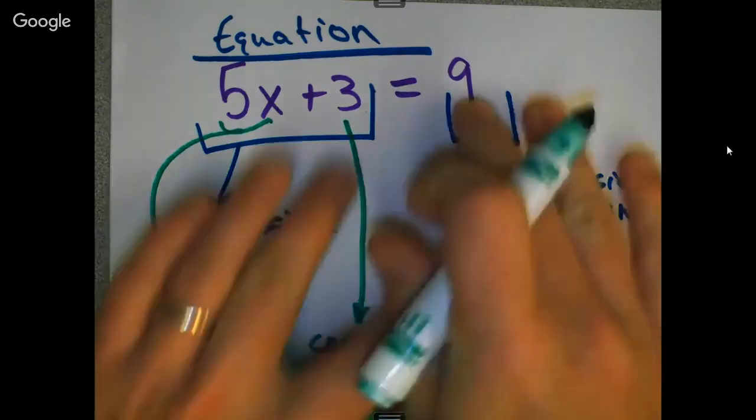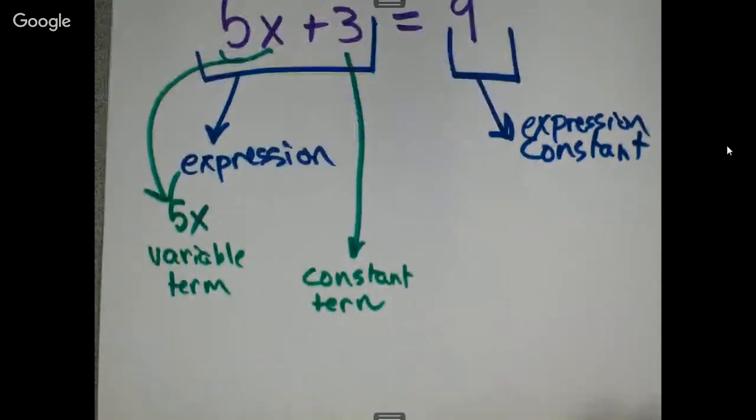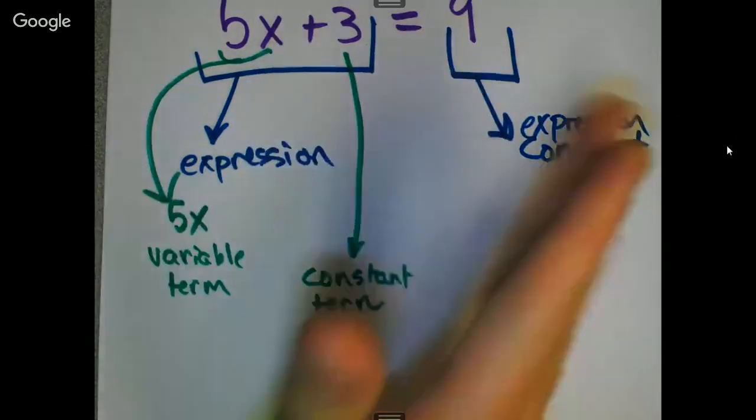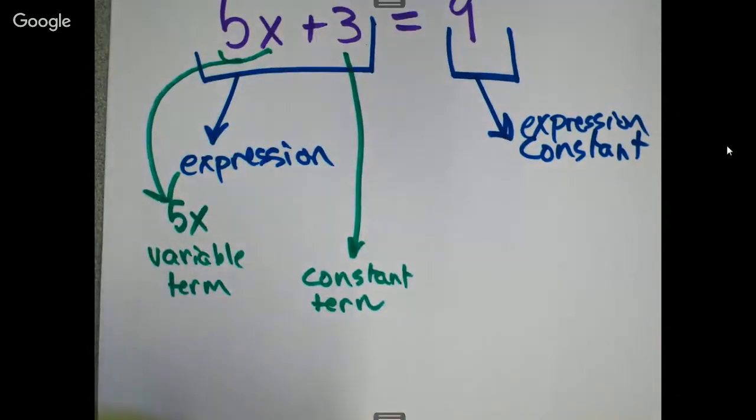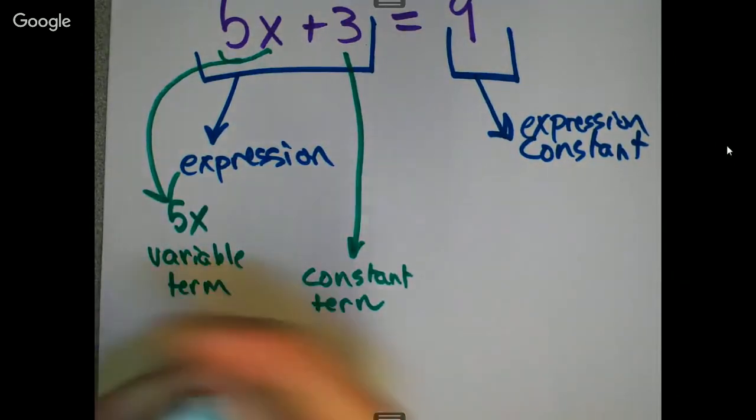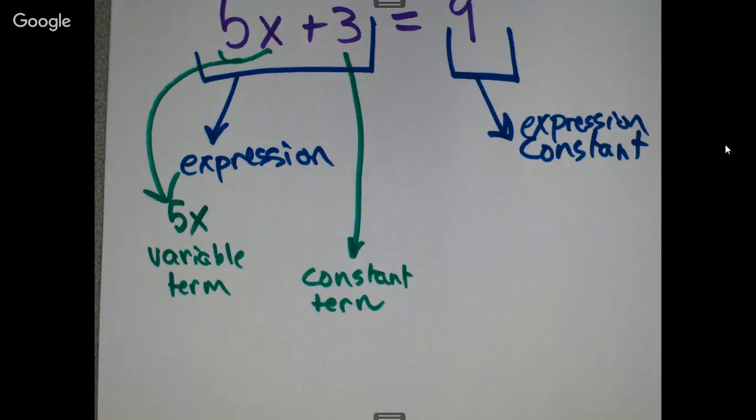Yes, both of these are constants, and that is fine. Okay, so those are our parts. And if it's an equation, we solve it. If it's just an expression, the only thing we can do is simplify it.